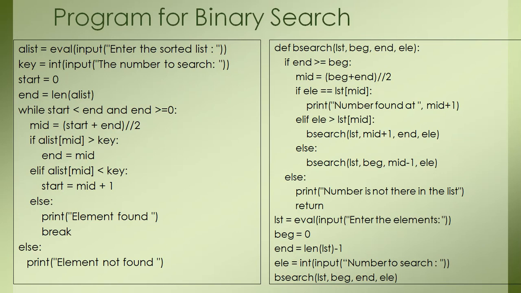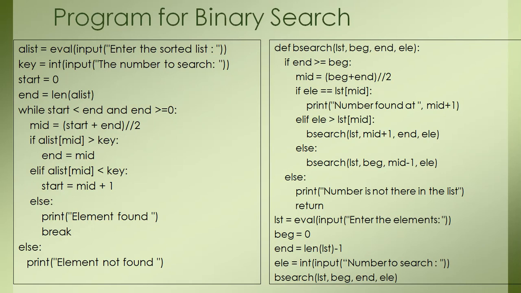So either start or end will start coming towards each other, and at a particular point they will be coinciding with each other, and after that end will cross that start position and it will get the value less than start. So at that point we should stop.